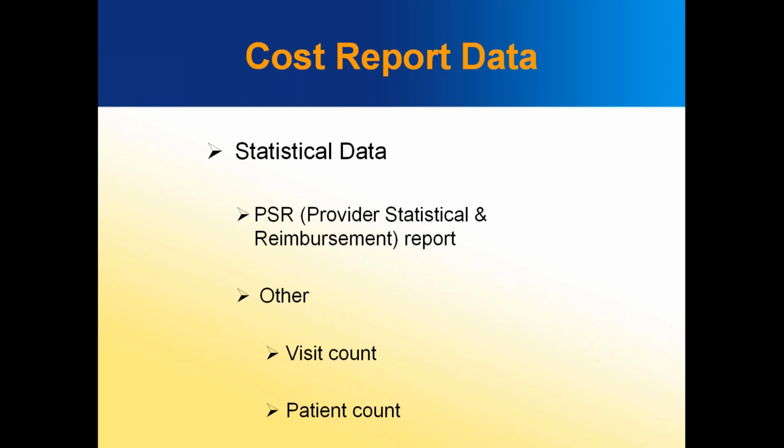So first, your billing information. We're looking for statistical data, and that data comes from the PS&R report, like Alex was just telling you how to acquire. That information on the PS&R is the information of episodes billed and paid in the reporting period.